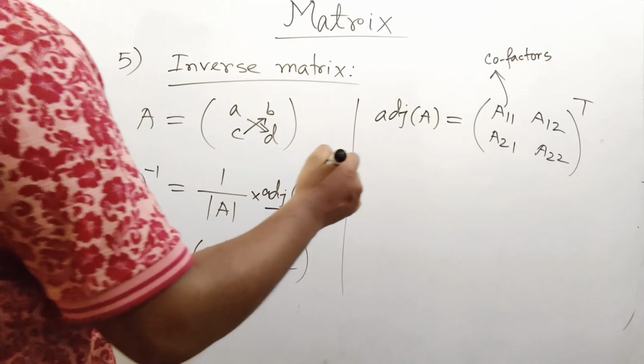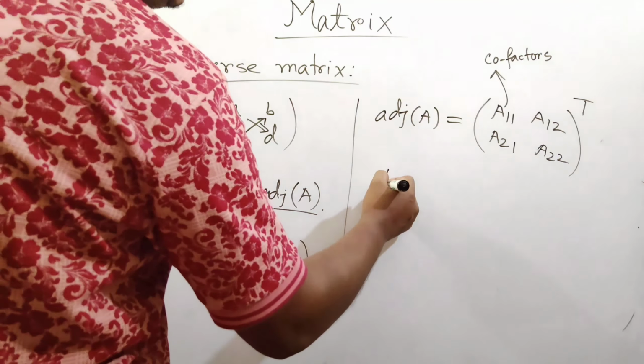Okay, first look at A11. When we find A11, we first consider this value, that is we just eliminate this column and this row, then what will we get?